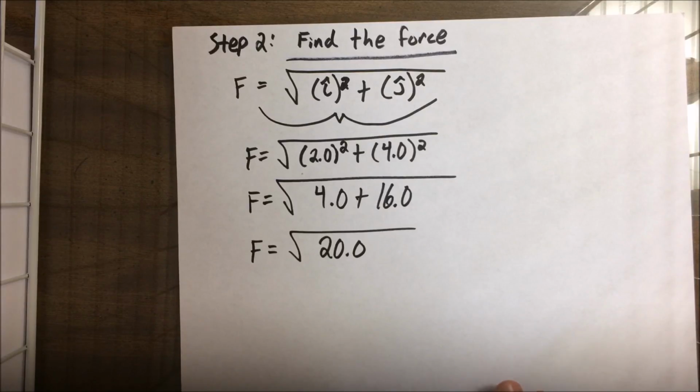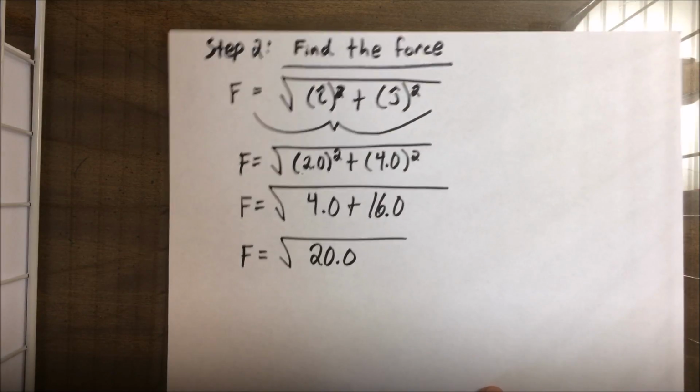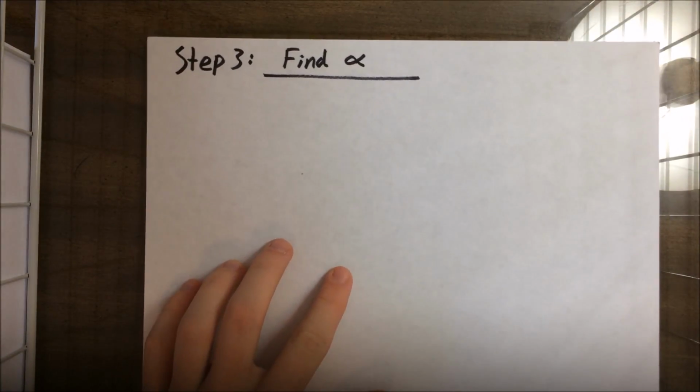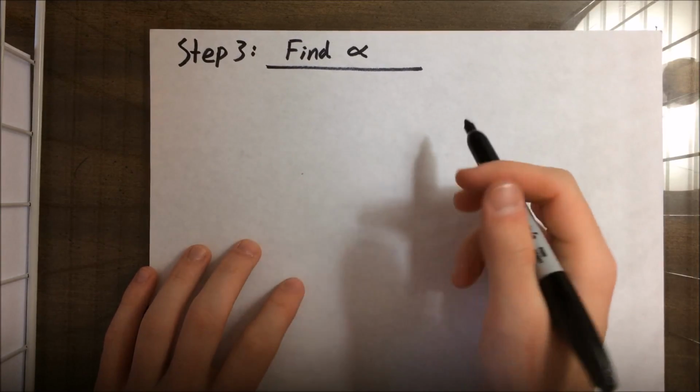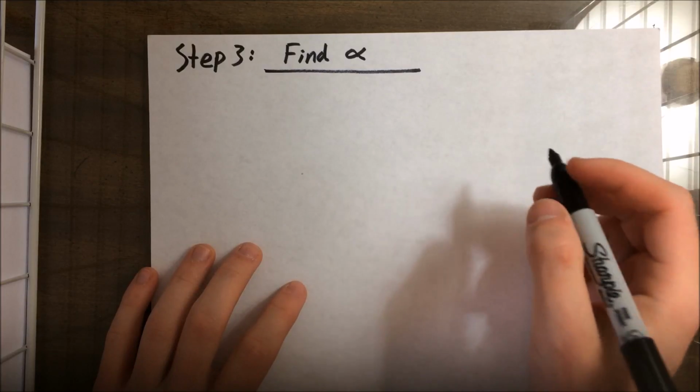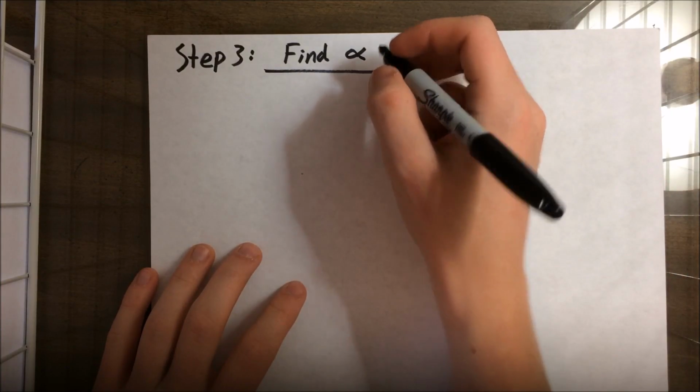Okay, so then step 3, which is really another part of step 2, but since it's separate from finding force, step 2, step 3, step 4, and step 5 are all really one big step broken down into 4 parts. So we're going to find alpha in this part.